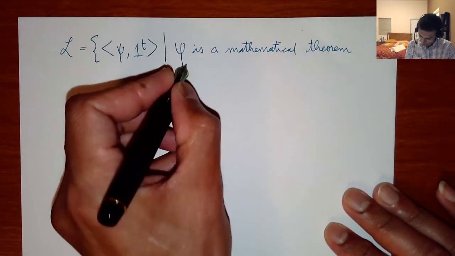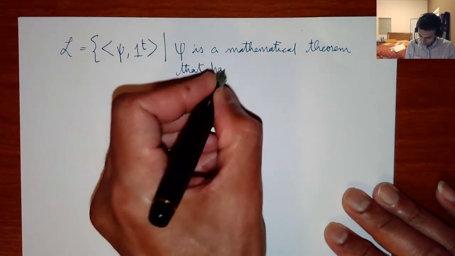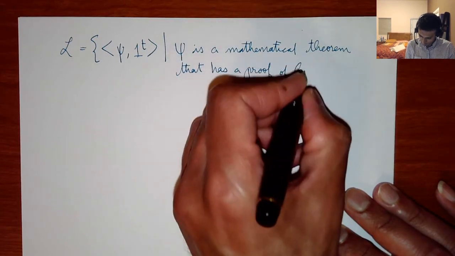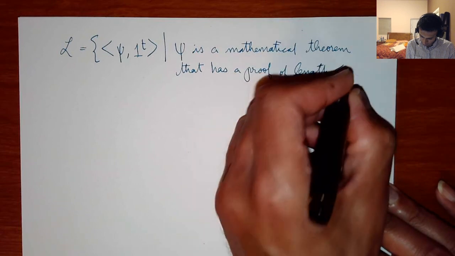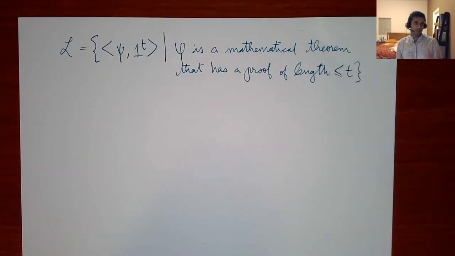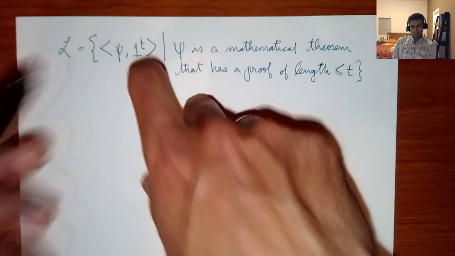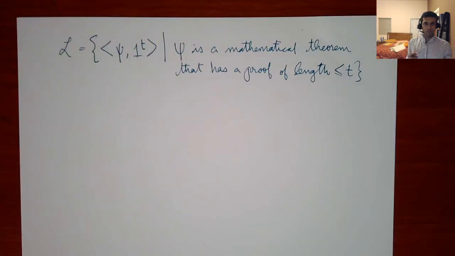That has a proof of length at most t, where the length can be measured in symbols. So this, in some sense, is the language of all true mathematical statements, but you also append it with how long the proof is.